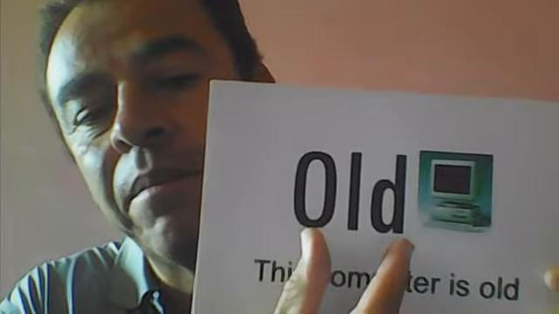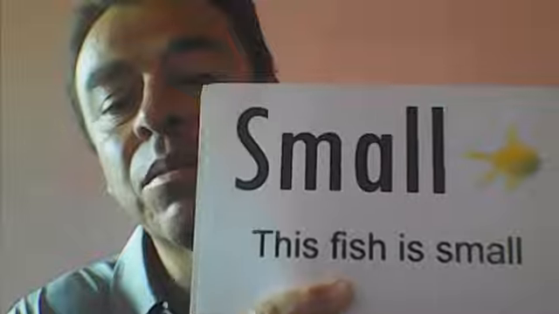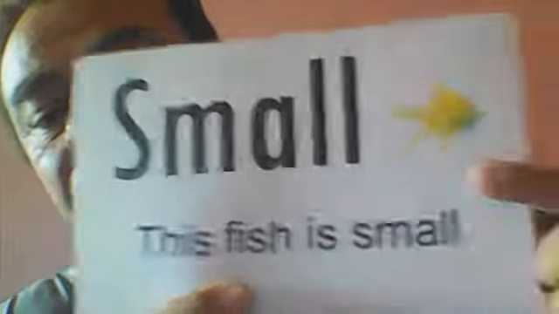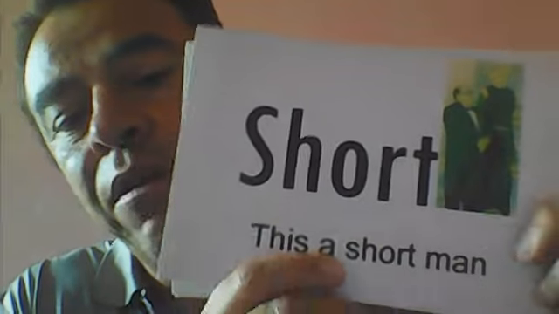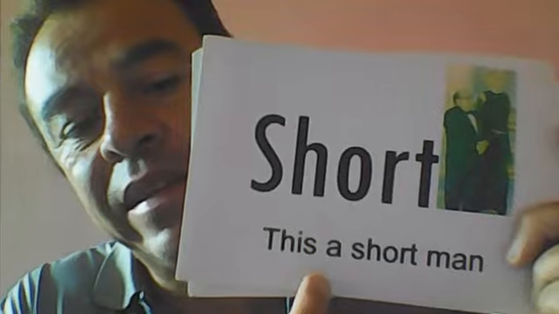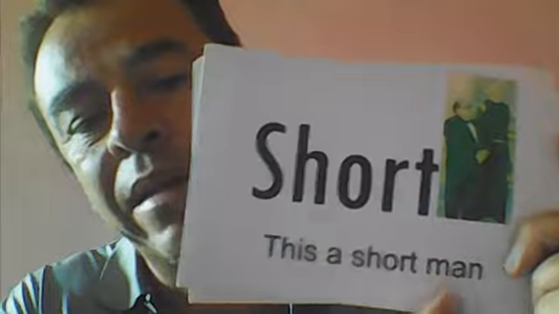Short adjective. And we have a sentence here with adjective old. This computer is old. Next we have small. This fish is small. Short adjective. Next we have short. This is a short man.